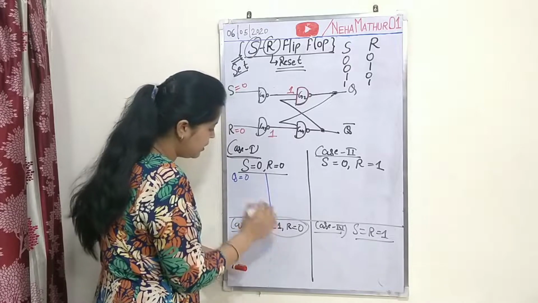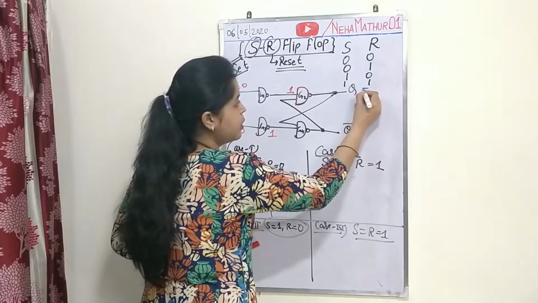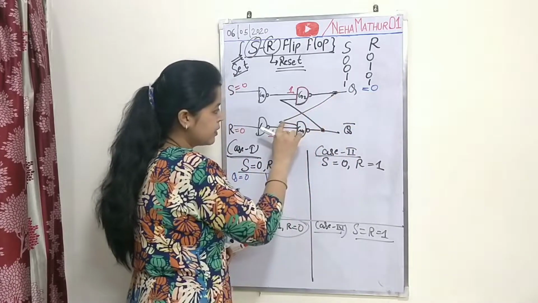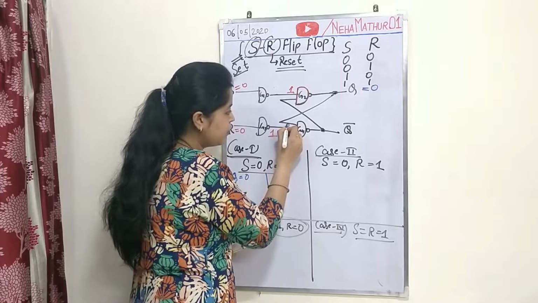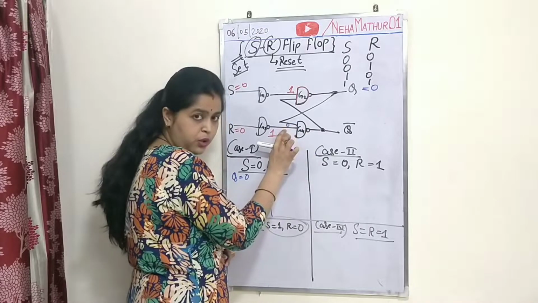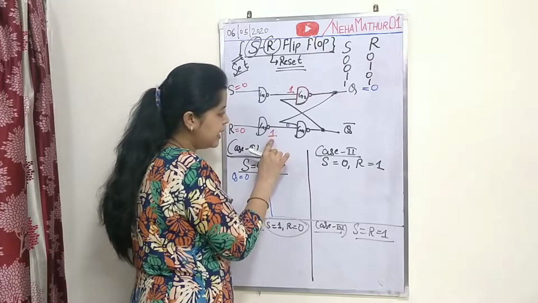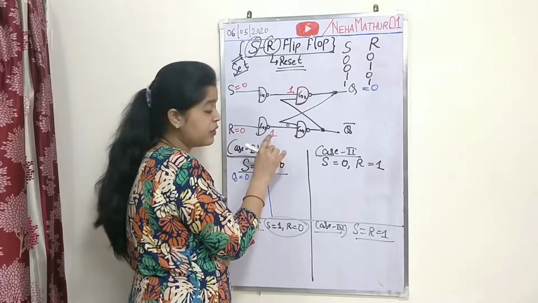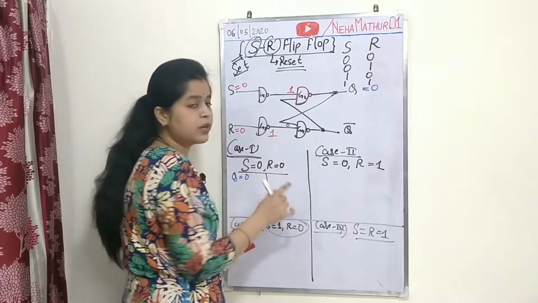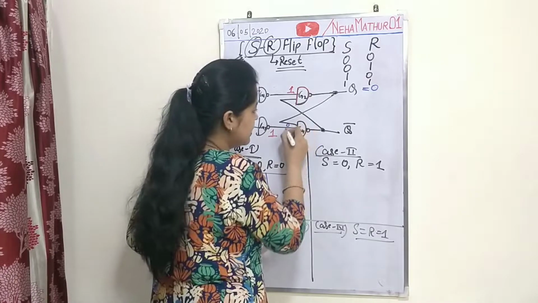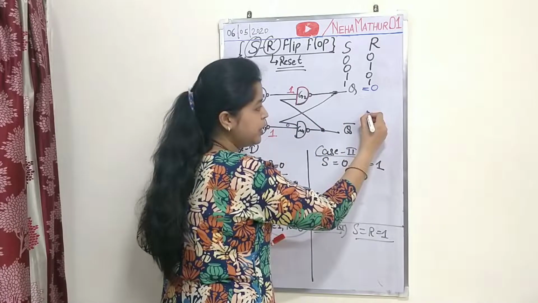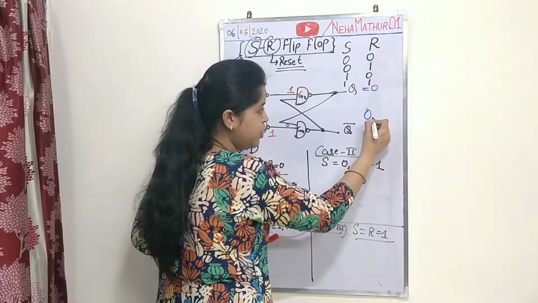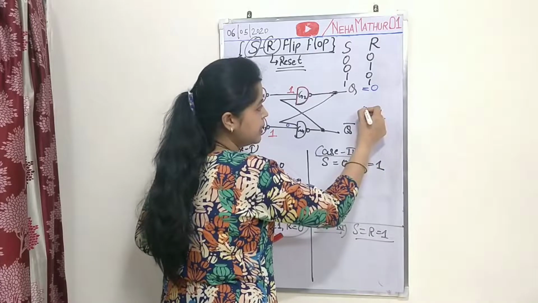So if Q is equal to 0, that means the second input for G4 will be 0. So now the first input is 1 while the second input is 0. Now this NAND gate has two inputs, one is 0 and the second is 1.